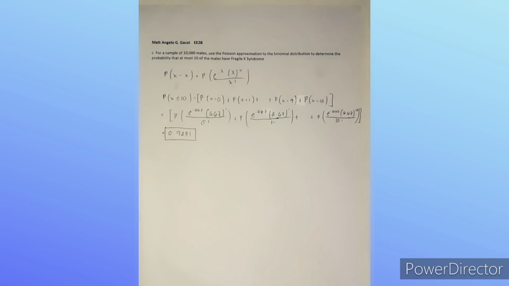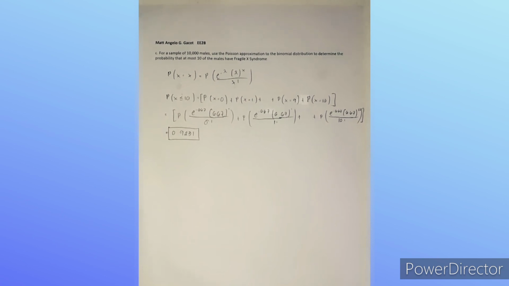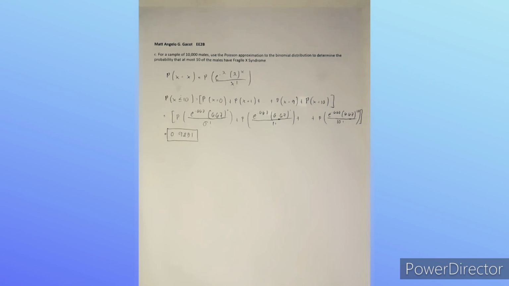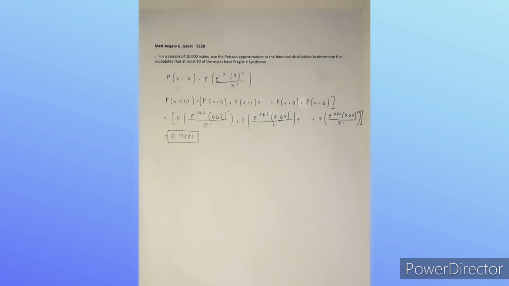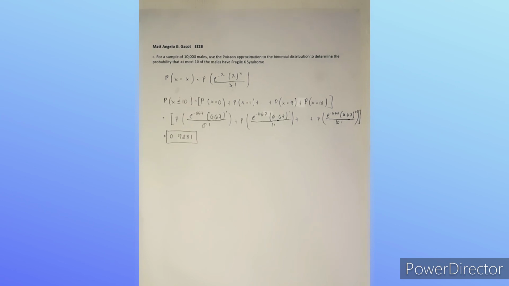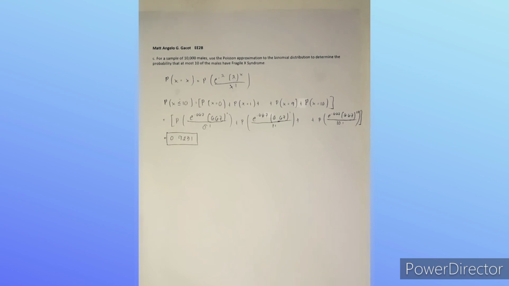So applying it, e raised to negative 6.667 times 6.667 raised to 0 over 0 factorial plus e raised to negative 6.667 times 6.667 raised to 1 over 1 factorial, up to e raised to negative 6.667 times 6.667 raised to 10 all over 10 factorial.